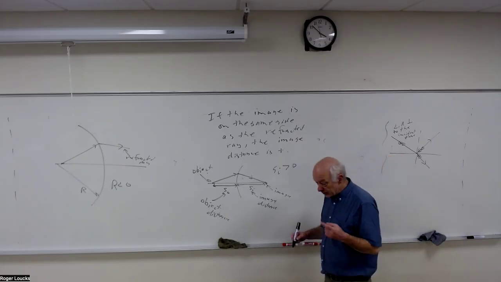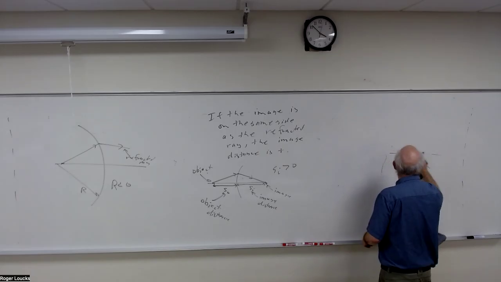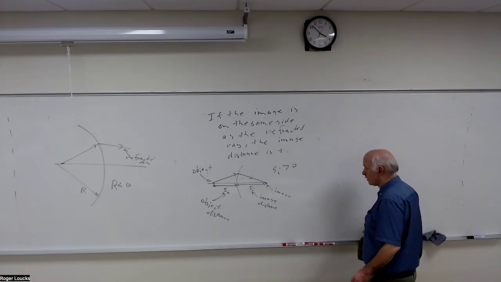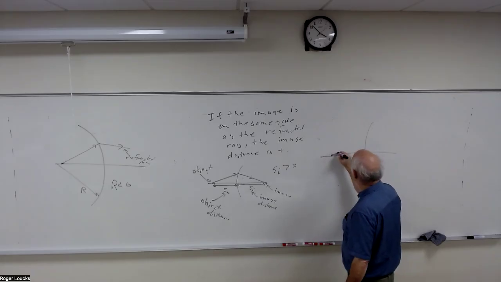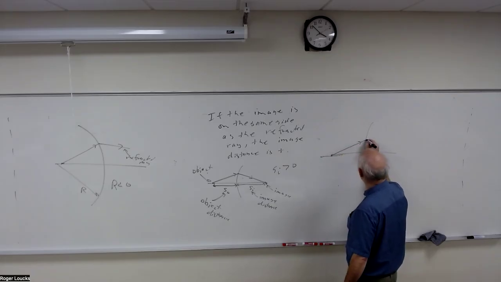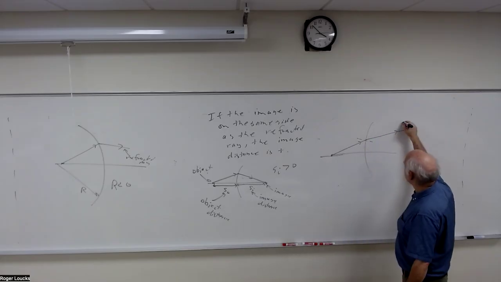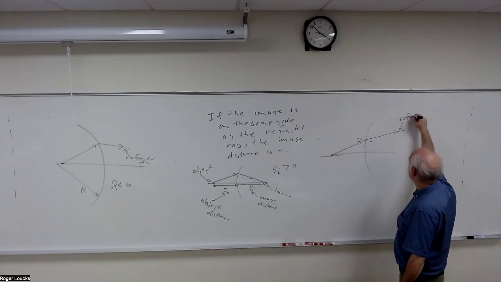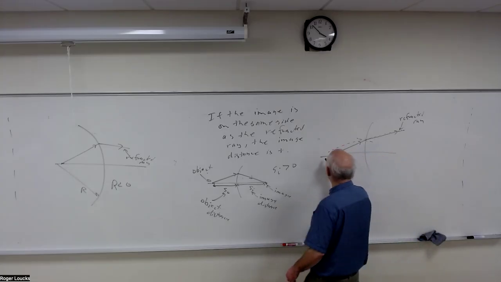I might have something like this, as we'll see when we do the derivation. Or maybe I have light coming in like this, and it goes like that. So here's my refracted ray, but I would extrapolate it back like this.